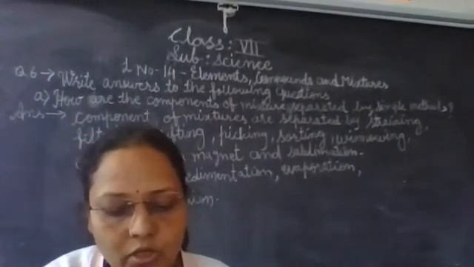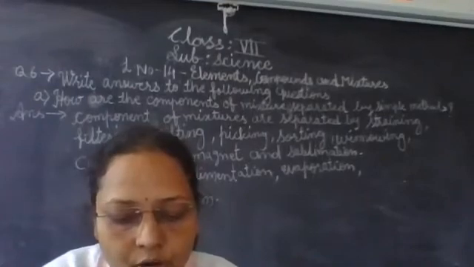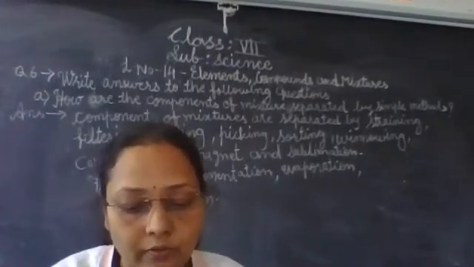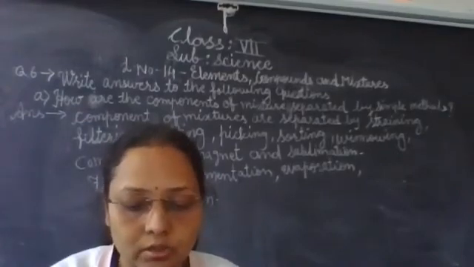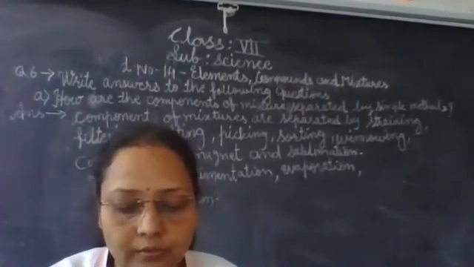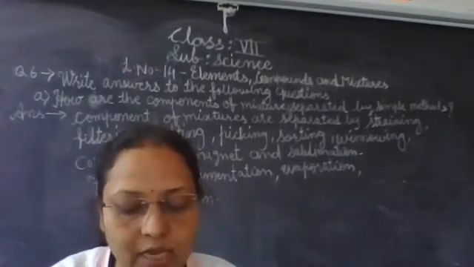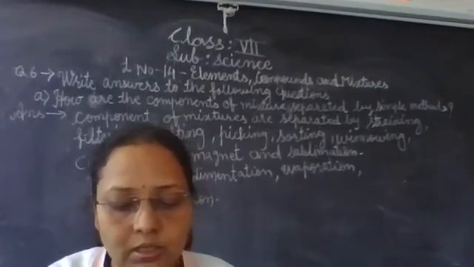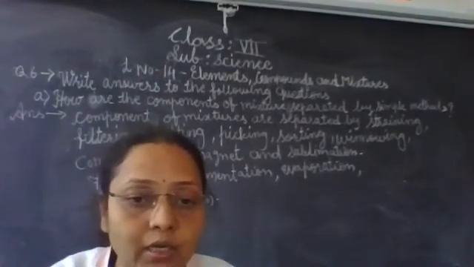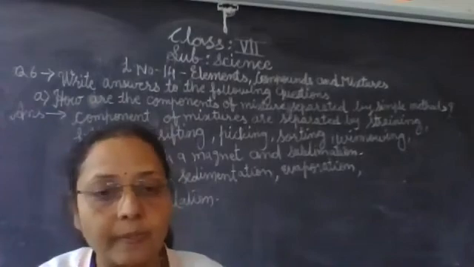So it is the process of separating an insoluble solid from a liquid in which it is suspended by allowing it to settle to the bottom of the container. Example is muddy water contains heavier particles like sand and soil, then small stones that settle down.